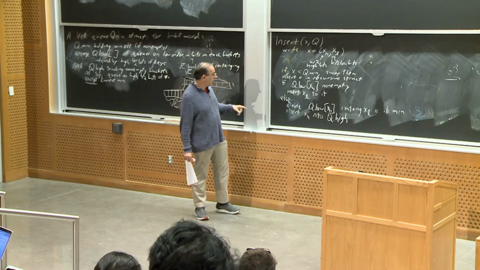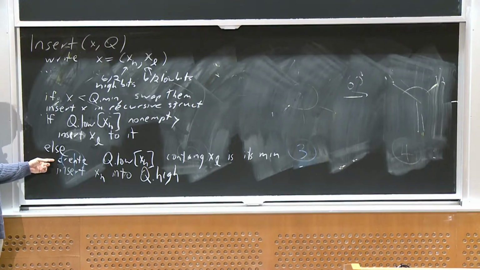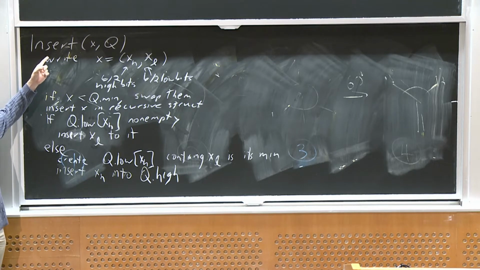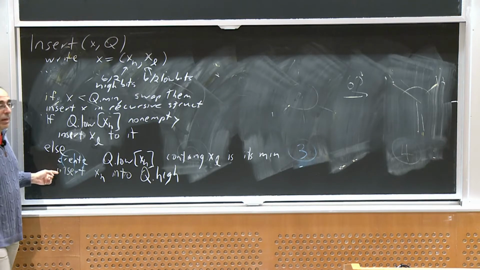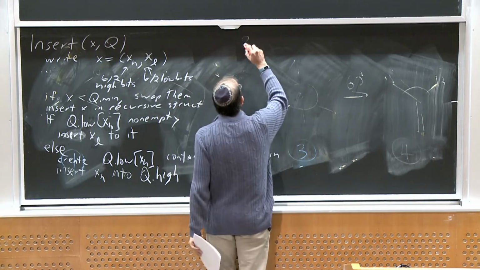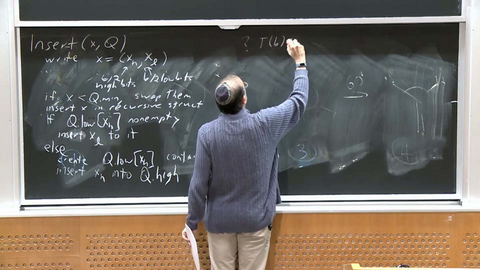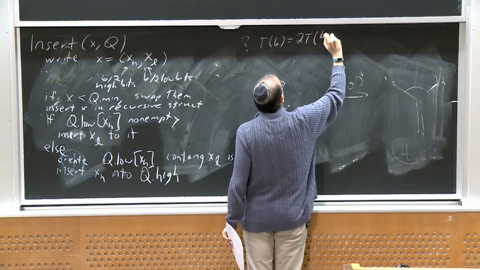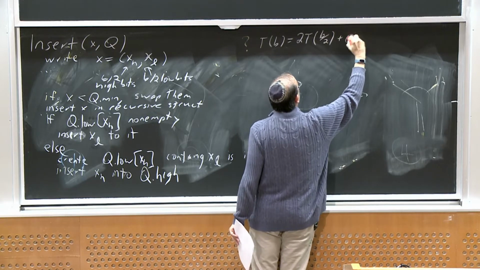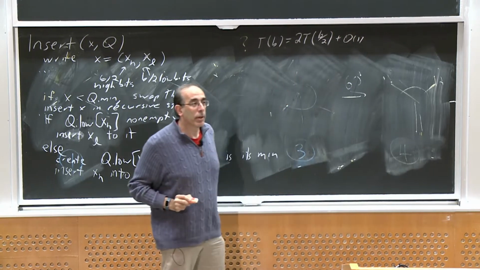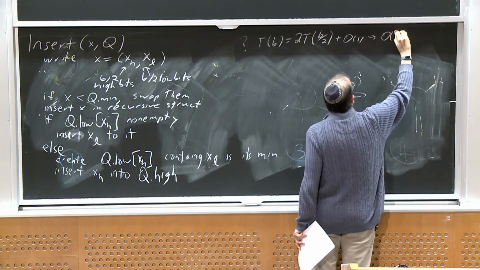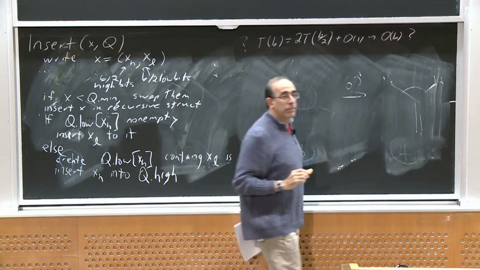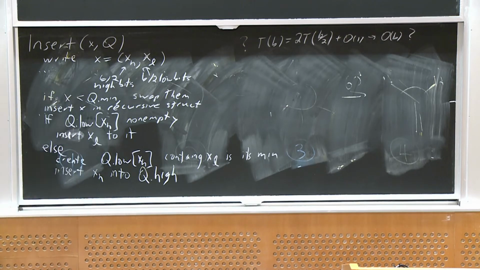It appears that at least in the worst case, in order to solve a b-bit problem, we're doing 2 recursive calls on b over 2-bit problems, right? So that would suggest that T(b) is equal to 2T(b/2) plus order 1, right? Which would suggest an order b runtime. I put question marks around this because it's wrong.